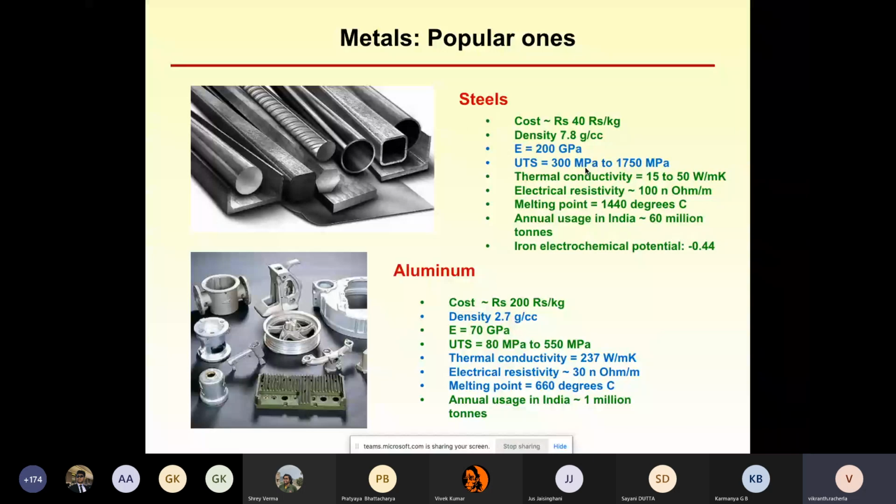And then if you go to the high strength variety of steels, can you name one machine element where very high hardness steel is used? Lathe machine, sir. No, a lathe machine is a machine. I'm talking about a machine element. Cutting tool, sir. The cutting tool. Gears, pulleys, bolts, bearings, cams, shafts, these are all machine elements.